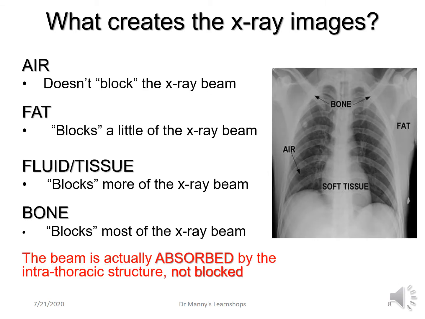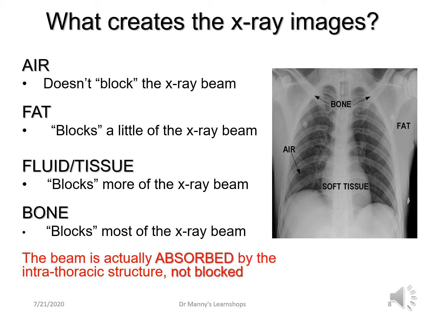What actually creates the intrathoracic image on a chest X-ray? Well, we said there are 4 densities: air, fat, fluid and tissue, and bone. Air is the least dense, so it doesn't block any of the X-ray beam getting to the film. That's why it's black.